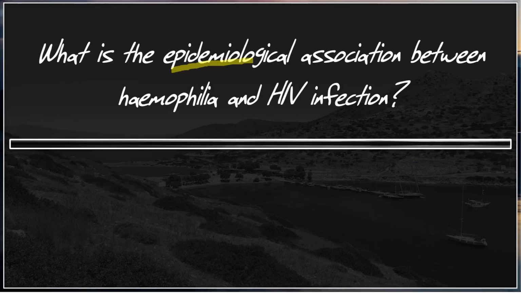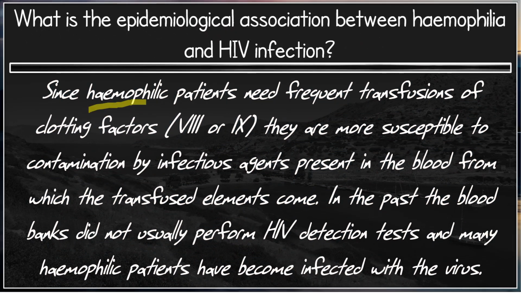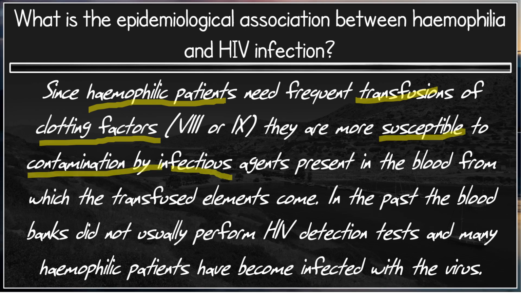What is the epidemiological association between hemophilia and HIV infection? Since hemophilia patients need frequent transfusion of clotting factors 8 and 9, they are more susceptible to contamination by infectious agents present in the blood from which the transfused elements come.